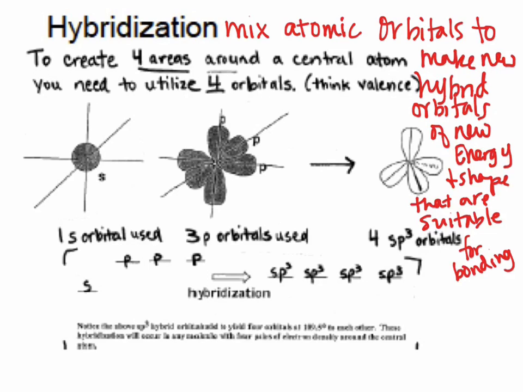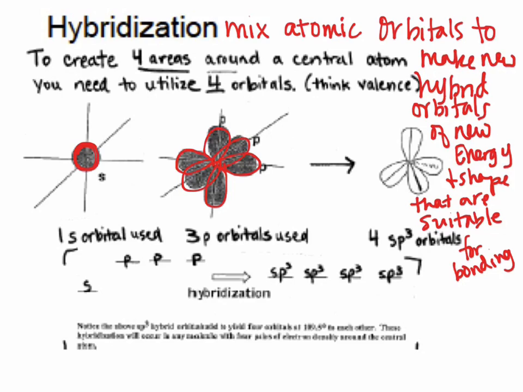If you look at this, we have this s orbital around the central atom, and then we have these p orbitals over here.